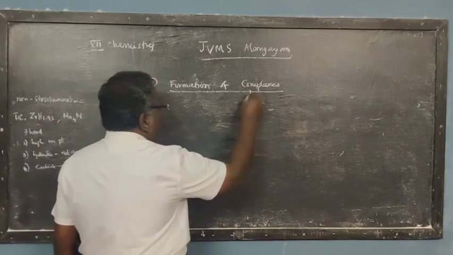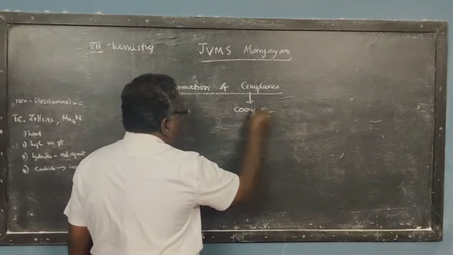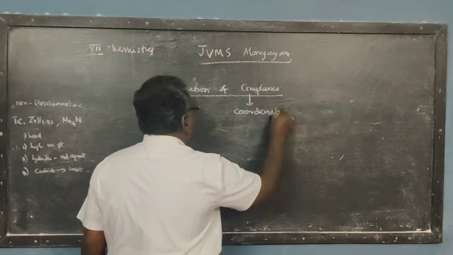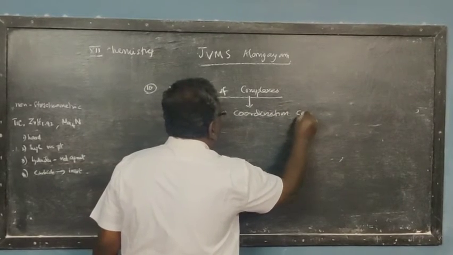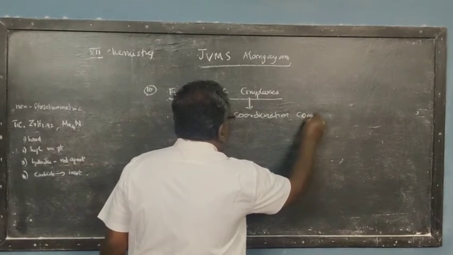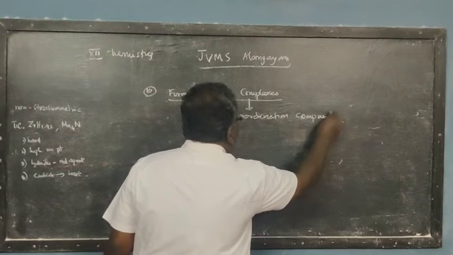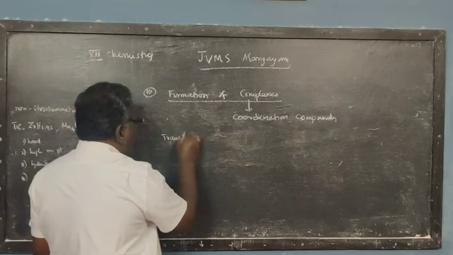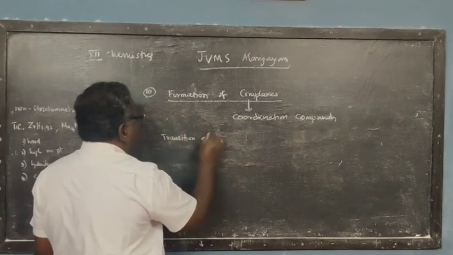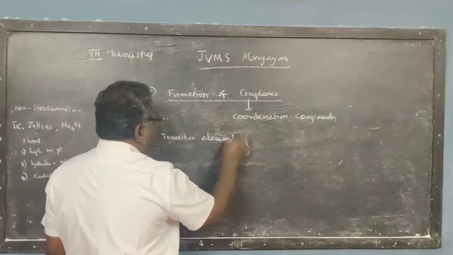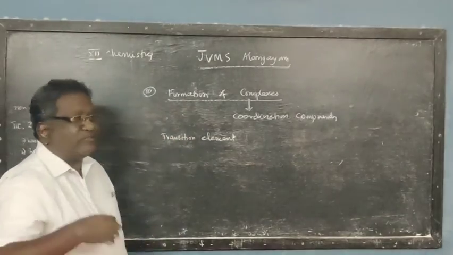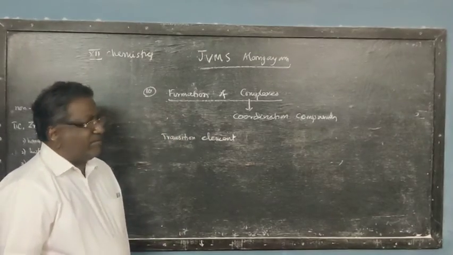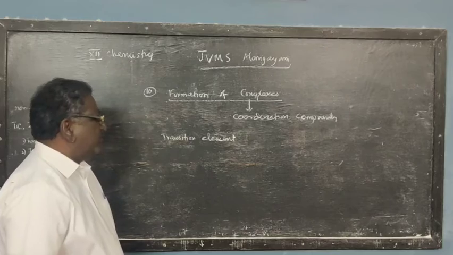So complexes are nothing but coordination compounds. Right? So almost all the transition metals form coordination compounds. We are going to have a detailed study about these coordination compounds in lesson number 5. Lesson number 5 is completely about coordination compounds.